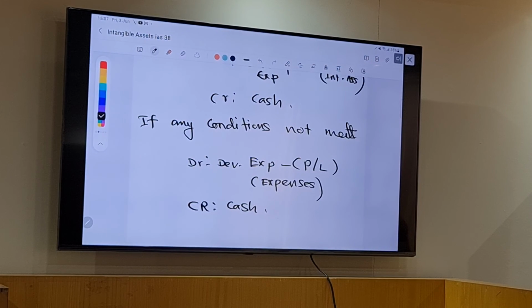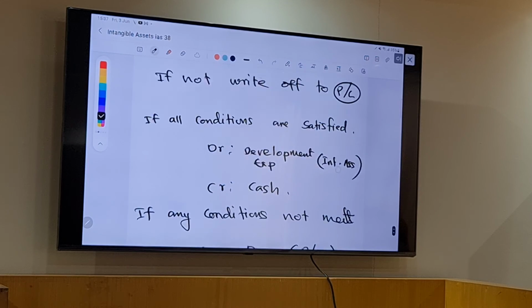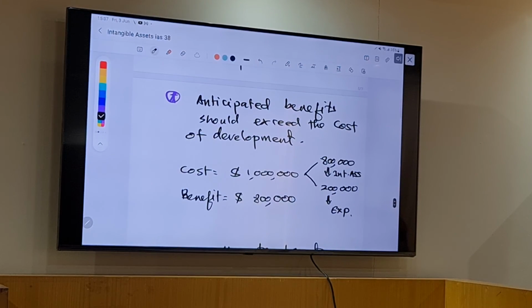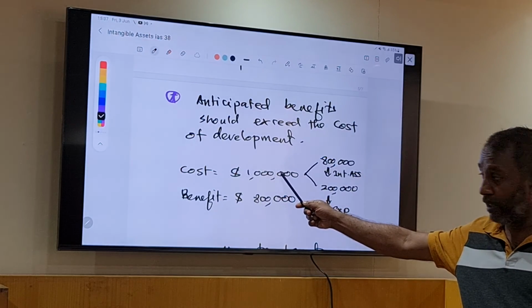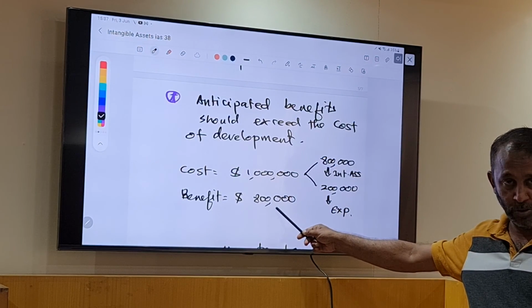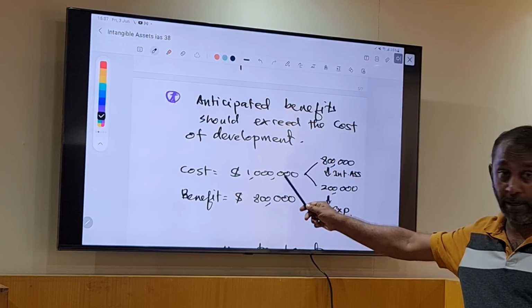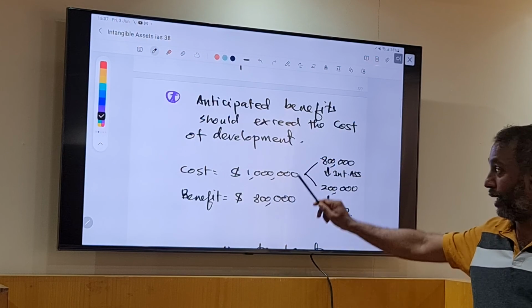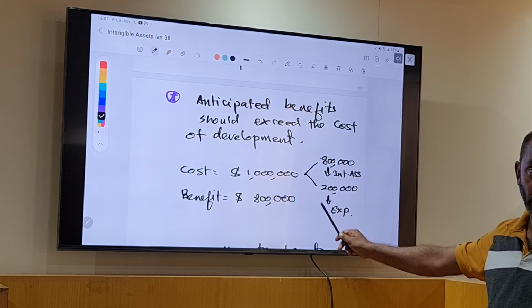So now you told that the second part is that benefits are less than the cost. In this case, if the cost is 1 million and benefit is 800,000, you cannot capitalize 1 million. You can only capitalize up to 800,000. The balance 200,000 you will write off.